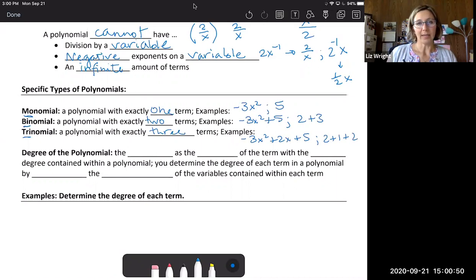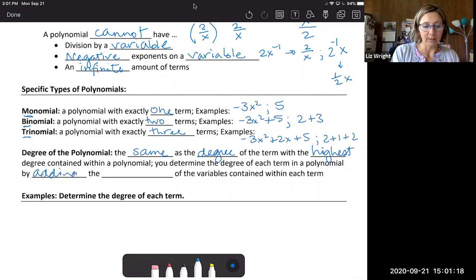The other thing that EdReady is going to ask for is the degree of your polynomial. By definition, the degree of your polynomial is the same as the degree of the term with the highest degree contained within the polynomial. You determine the degree of each term by adding the exponents of all of the variables contained in a single term.